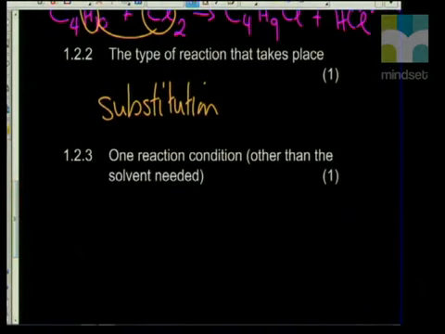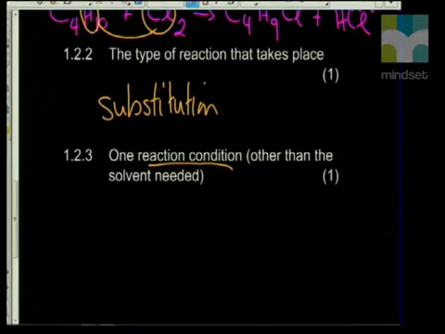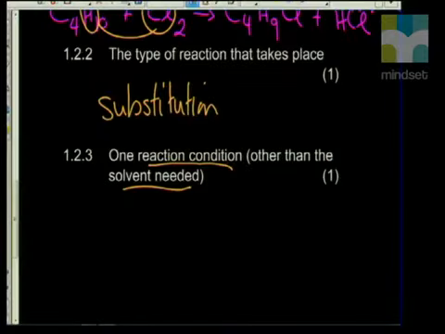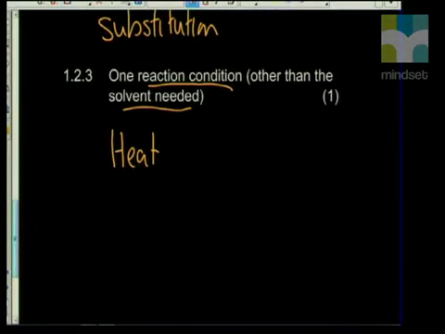Now, the last part of this question says, what reaction condition, other than the need for a solvent, and that's where they're saying this has been dissolved into something, because it might not be easy enough to do them as just gases. What do you need? Well, for substitution, you're going to need heat or another form of energy. And the most common one is UV light.